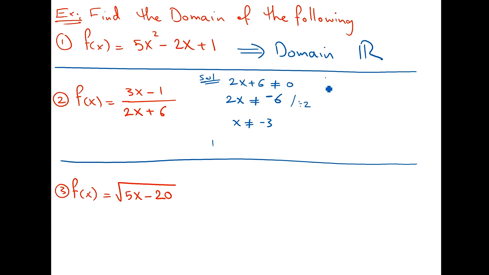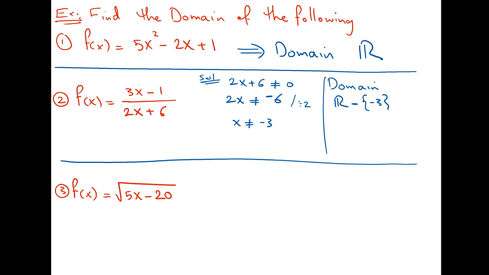So the domain is R minus the value that makes the denominator equal 0. This is minus 3, the value of x that makes the denominator equal 0. So we can substitute any real number except minus 3.